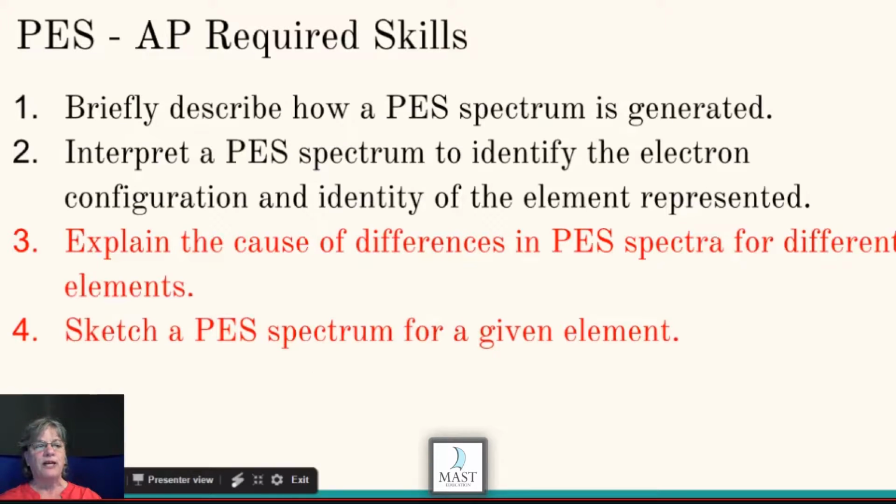The AP program has 4 required skills associated with photoemission spectroscopy. Today, we are only going to deal with 2 of those. I'd like you to understand how a PES spectrum is generated, and I'd like you to be able to interpret that spectrum to identify the elements associated with it.